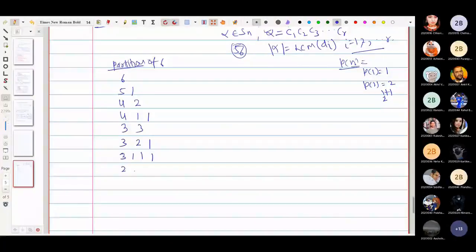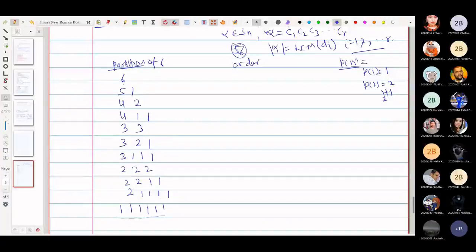Then we can have a 3 cycle and break the rest into singles. Then we can have three 2 cycles, a 2 cycle and 2 single cycles, a 2 cycle and 4 single cycles. Then we can have all single cycles, that is, all elements are fixed, which means we are talking about the identity. And then we can talk about the order.